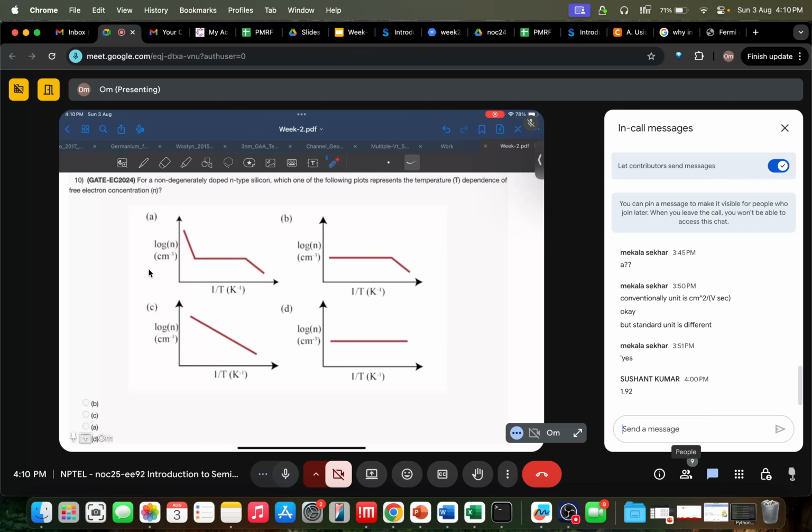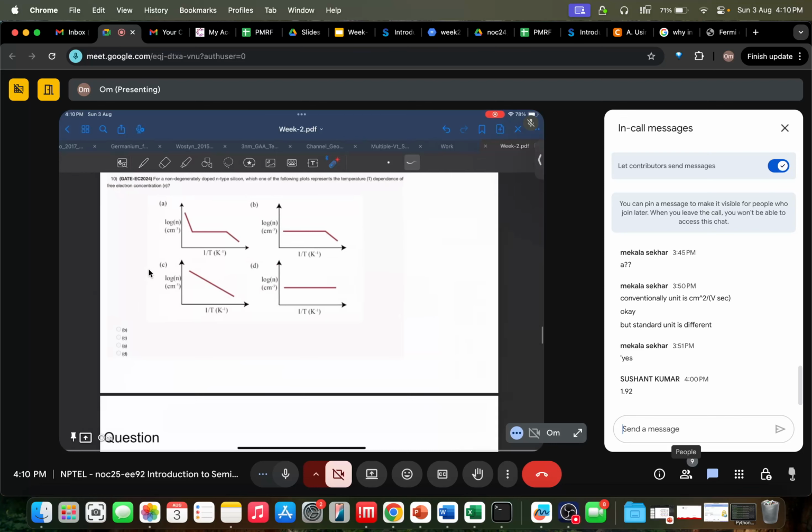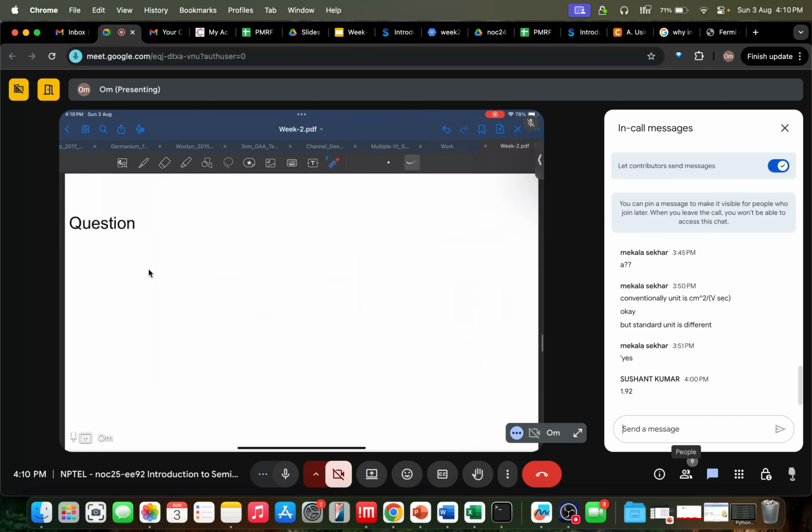Okay, so let's think about this one. Let us try to draw n versus temperature T first, then we'll figure out the next part.